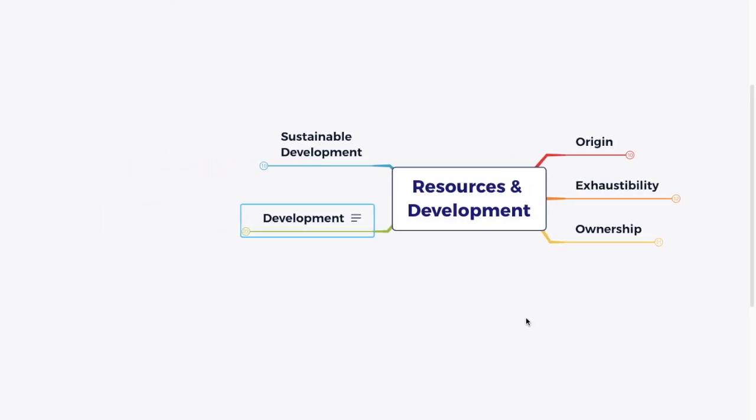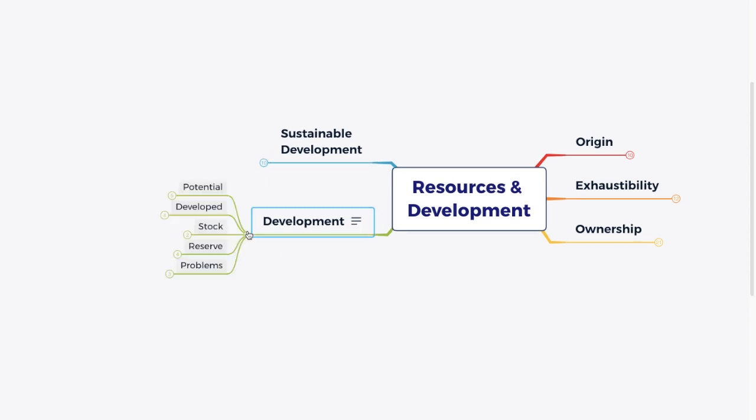Let's move on to development. We have potential, developed resources, stock resources, and reserve resources. I'll try to help you out as to how to remember these points. I've used the first alphabet of each word, P, D, S, and R. So you can make a story of your own.